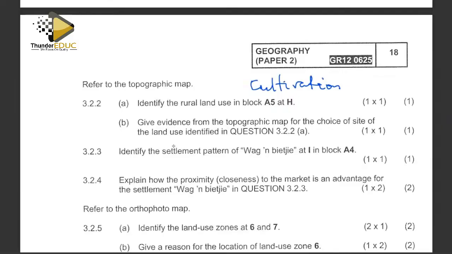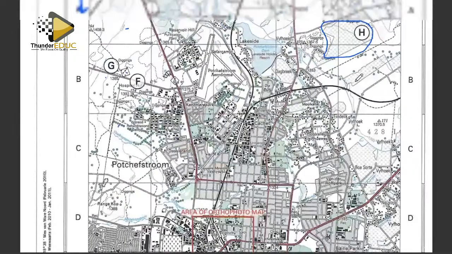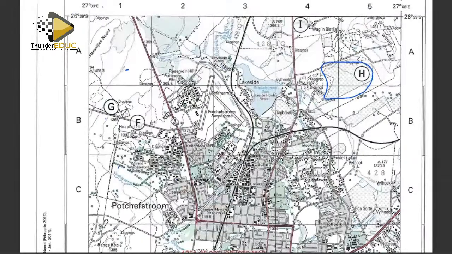Give evidence from the topographic map for the choice of the site. Why is it an ideal site for cultivation? Right, if you check here, why is this area ideal for farming? You can argue that the area is flatland. And besides it being flatland, we can also talk of communication, our transport routes. Remember, farming needs to be supported by transport.